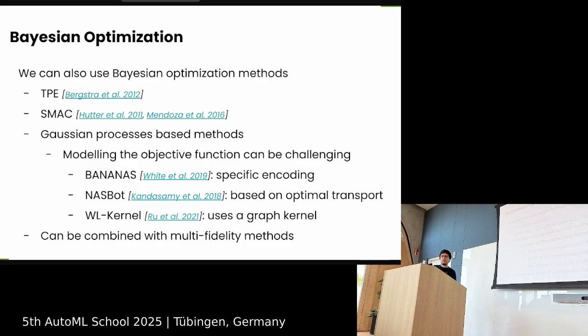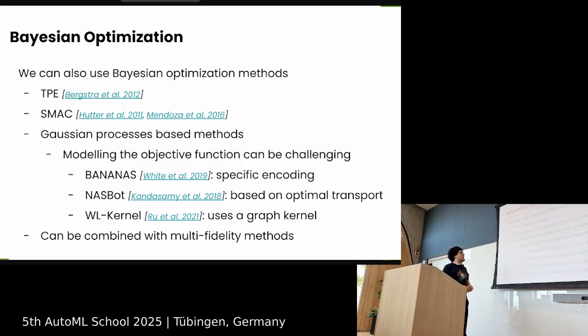But for me, that was essentially the first NAS paper. It was at a much smaller scale, but still they actually found new architectures on, I think, also CIFAR-10 with TPE. It's a really cool paper.